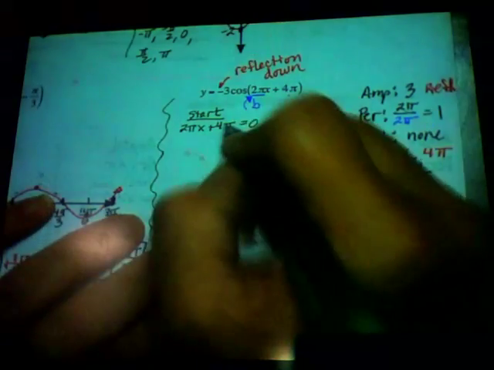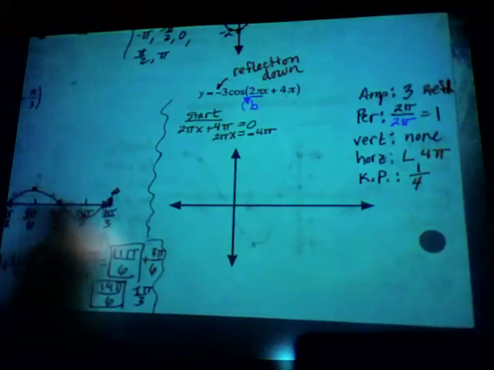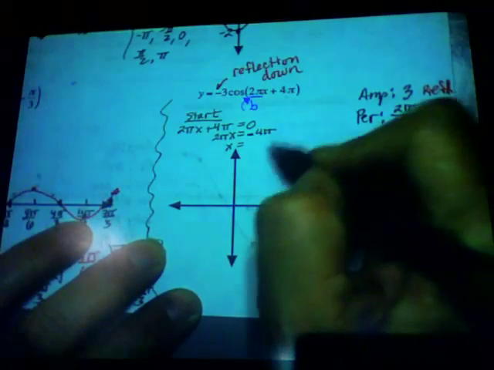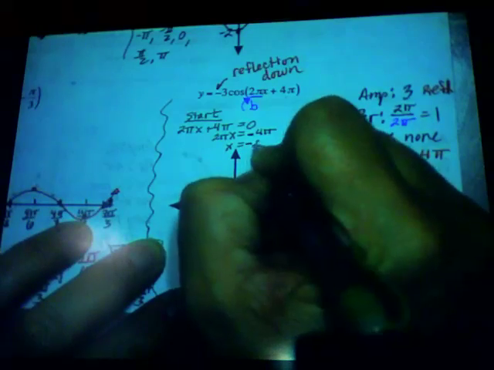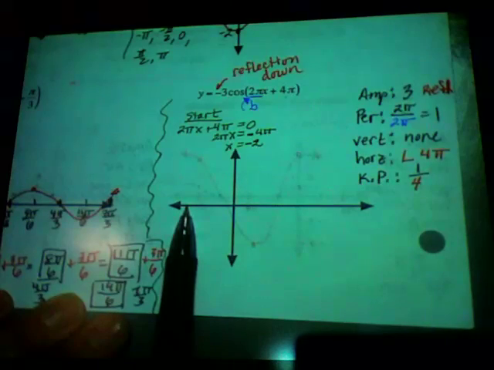Subtract 4 pi, so we get 2 pi x equals negative 4 pi. Because we expect to get negative, right? So that makes sense. And then what are you going to do? Divide by 2 pi. You get x is equal to, won't the pi's cancel? What's negative 4 divided by 2? Negative 2. So our point at 0 is going to move all the way to negative 2.